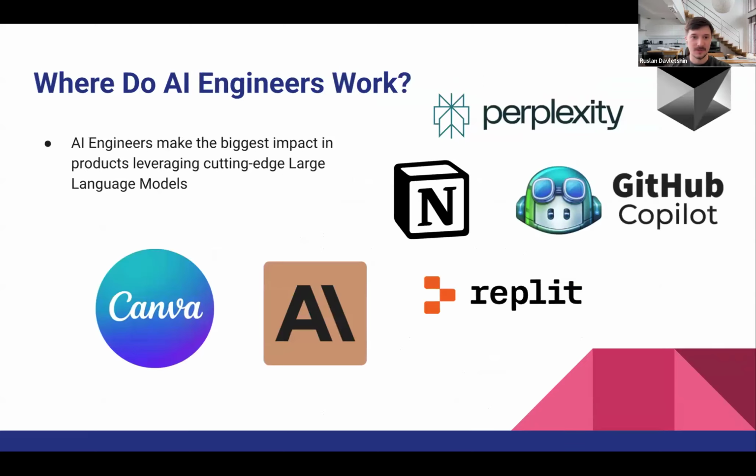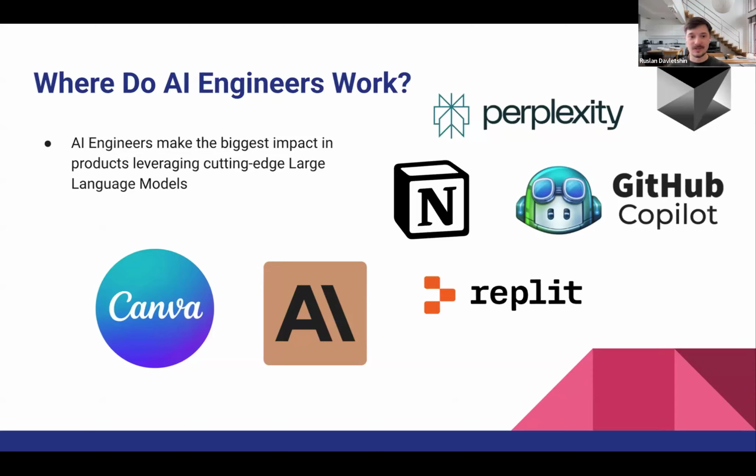And where do AI engineers work? In what companies do they work? AI engineers make the biggest impact in products leveraging cutting-edge large language models. It may be companies like Notion and Perplexity, where AI engineers work on the core functionality, like search in Perplexity, or on AI features in Notion.